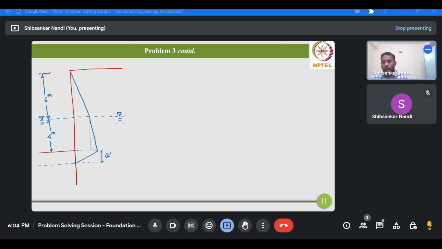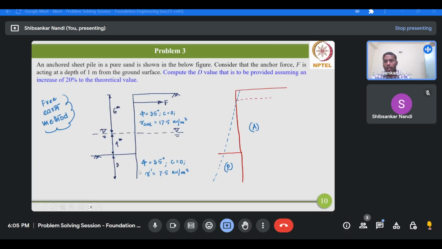First we'll draw the distribution for the previous case, that is the cantilever sheet pile wall. For purely cohesionless soil, for a given cantilever sheet pile wall, the net earth pressure diagram looks like this. However, there will be a slight change in the diagram due to this anchoring condition.